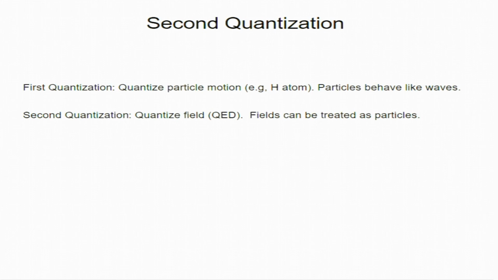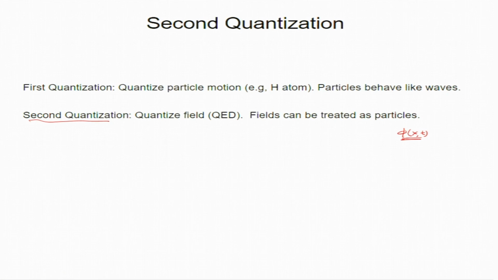In the field function phi, which we wrote phi of x t, these will become operators, which will change with time. These will be matrices or, well, basically operators, like the position operator in an oscillator. So, this is called second quantization. First quantization is quantizing particle motion, second quantization is quantizing the fields.